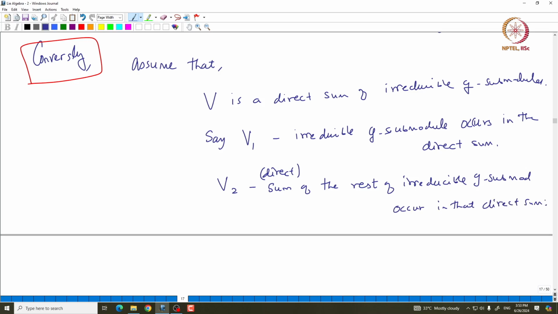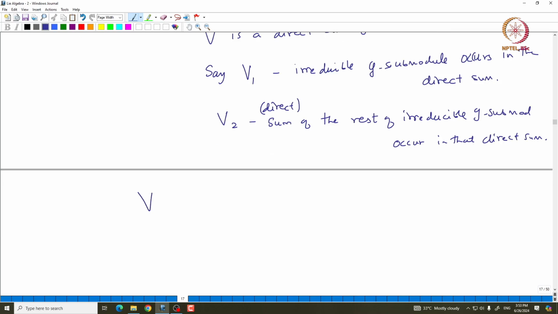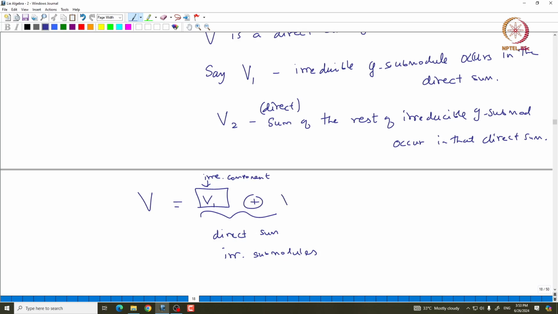Okay. So, basically we are grouping. We take V, which is just a direct sum of some irreducible submodules. Then we pick one here and call it V1. So, this is one irreducible component, and then we collect the rest here.